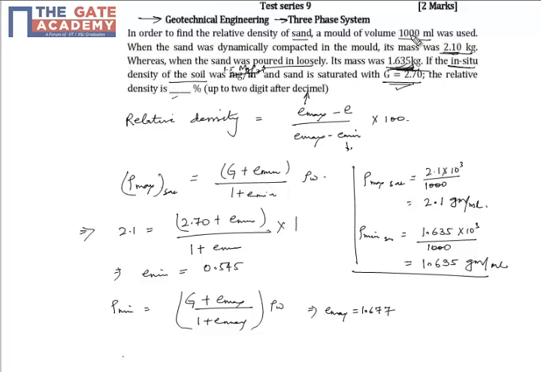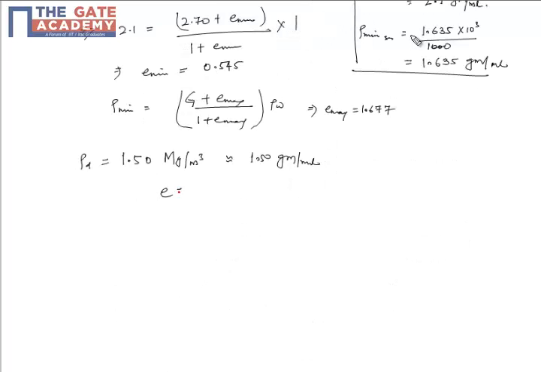In situ density of the soil is 1.50 megagram per meter cube, which is equal to 1.5 gram per milliliter. This is rho D. Again we know that e is equal to G rho W divided by rho D minus 1.